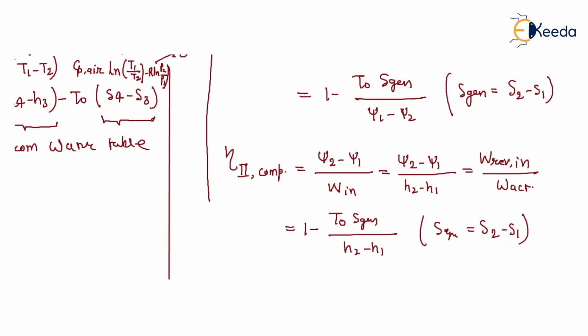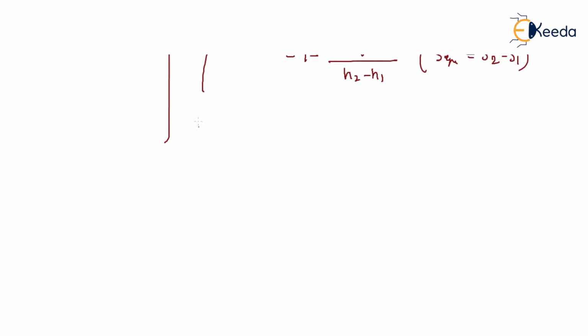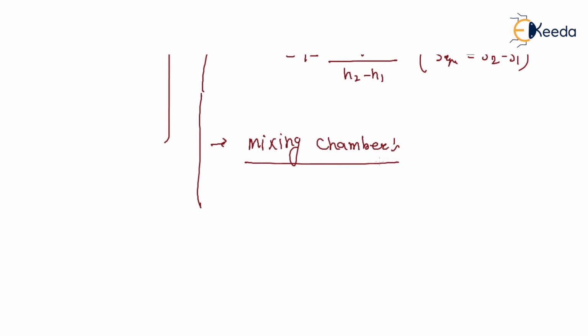If this is a mixing chamber, mind it, where hot stream 1 is mixed with a cold stream 2 to give mixture 3, the exergy resource is the exergy decrease of the hot fluid and the exergy recovered is the exergy increase of the cold fluid, right?